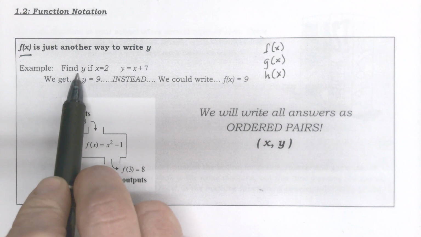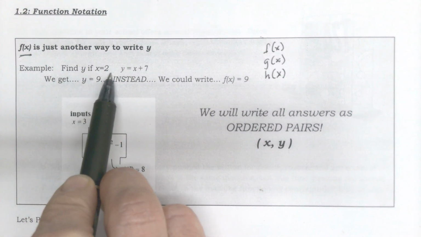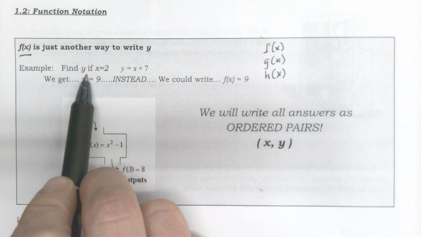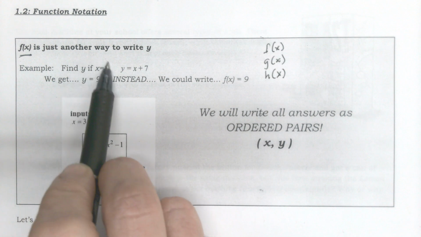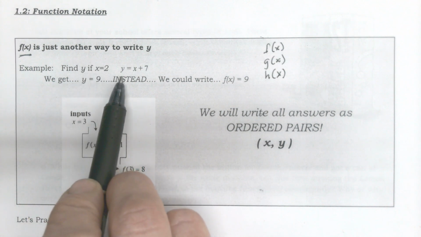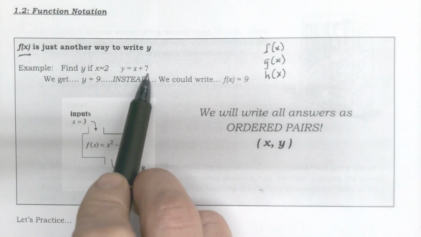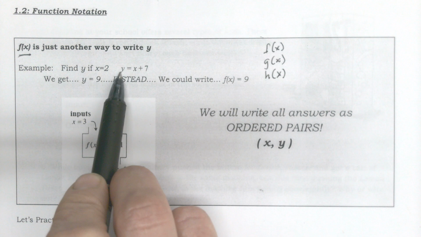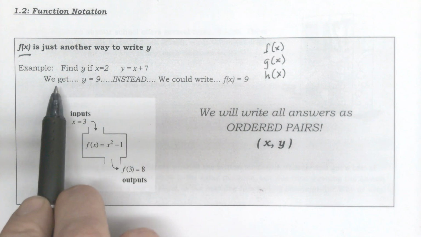Well, because it means the same as y, we can treat this like the problems that we were doing with our tables, where we would input the value to get our output. So if x is 2, I put in 2 for x and I get y equals 9.